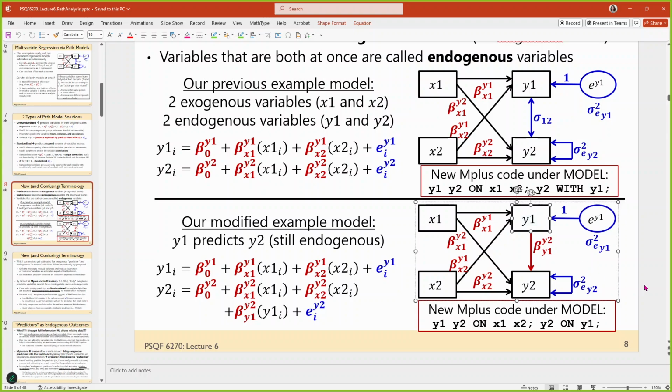That situation happens in examining something called mediation, which is a term you may have heard before. We haven't talked about it in this class. Mediation and moderation are two different things, by the way. They are not synonyms. We have done moderation so far because that's interaction terms, when the effect of one predictor depends on the level of another predictor. Mediation is the idea that, like in this picture, x1 causes y1, which then in turn causes y2.